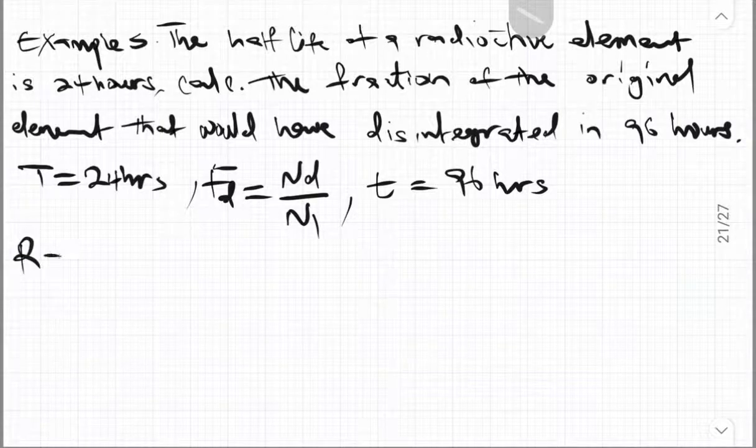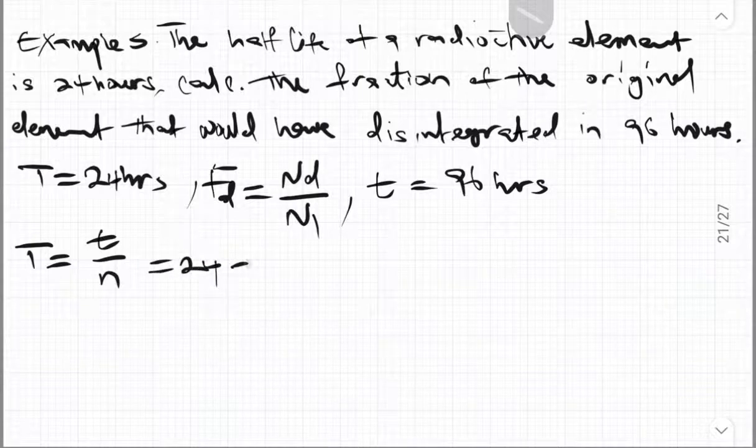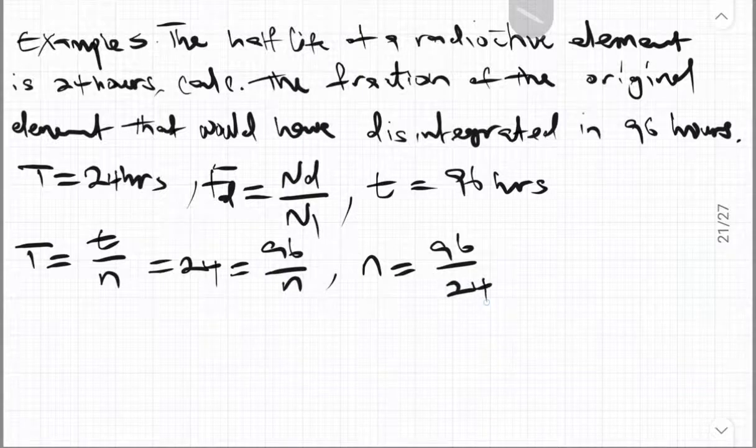Of course, R is equal to 2 to the nth power, right? So what is n? We don't know what n is, so let's find n, which is the number of half-lives, since big T is equal to small t over n. So big T is actually 24, small t is 96, then over n. So n is equal to 96 over 24.